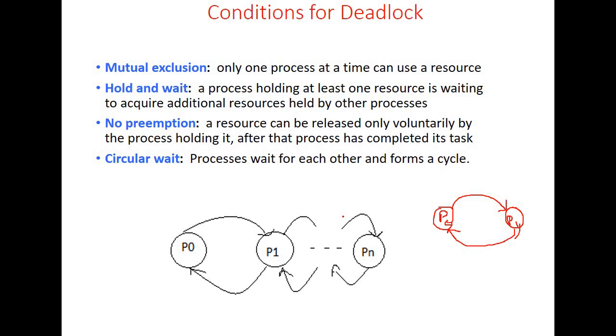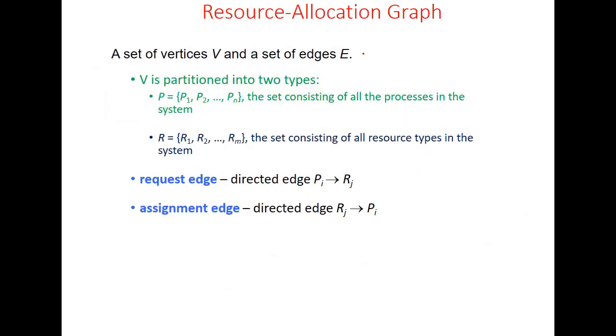Generally, deadlock is identified in a system by constructing a resource allocation graph. A resource allocation graph consists of V vertices and E number of edges. So consider there are N number of processes and M number of resources.